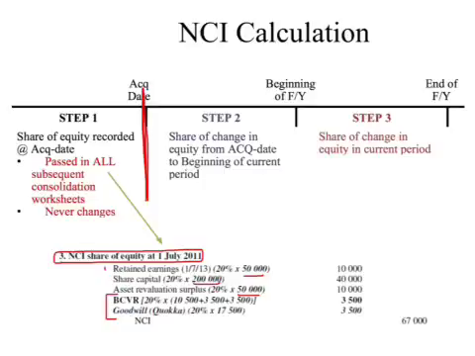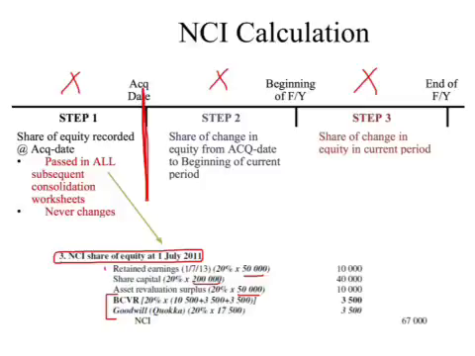So for the parent company, it's important to know whether it's pre-acquisition equity or post-acquisition equity. For the NCI calculation, we just want to know at what stage the entry occurred, and we follow the timing of the entry.